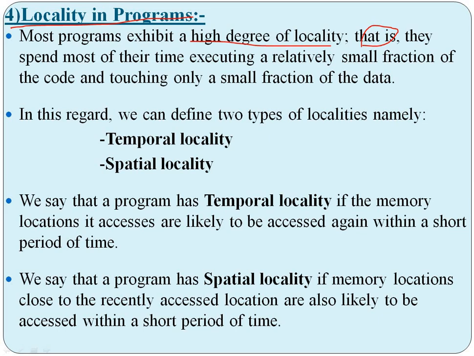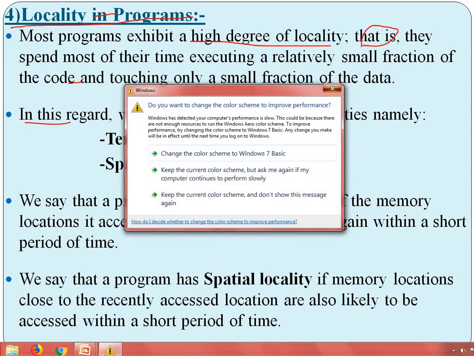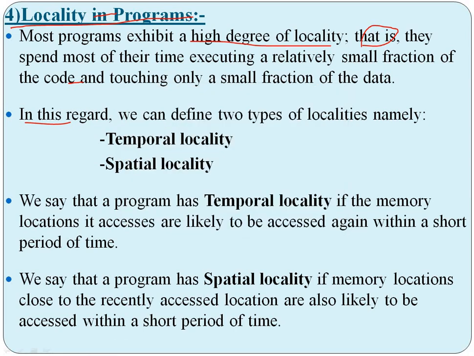Usually when you run a program, it may spend most of its time executing a relatively small fraction of the code. In this regard, we can define two types of locality, namely temporal locality and spatial locality.